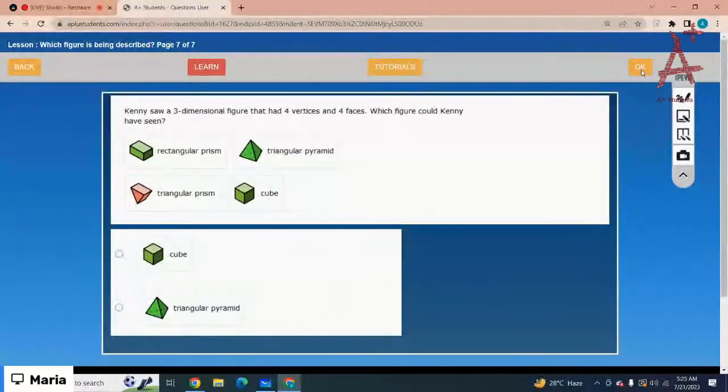Kenny saw a three-dimensional figure that had four vertices and four faces. Which figure could Kenny have seen? Which is the correct option? Which one has four faces and four vertices?